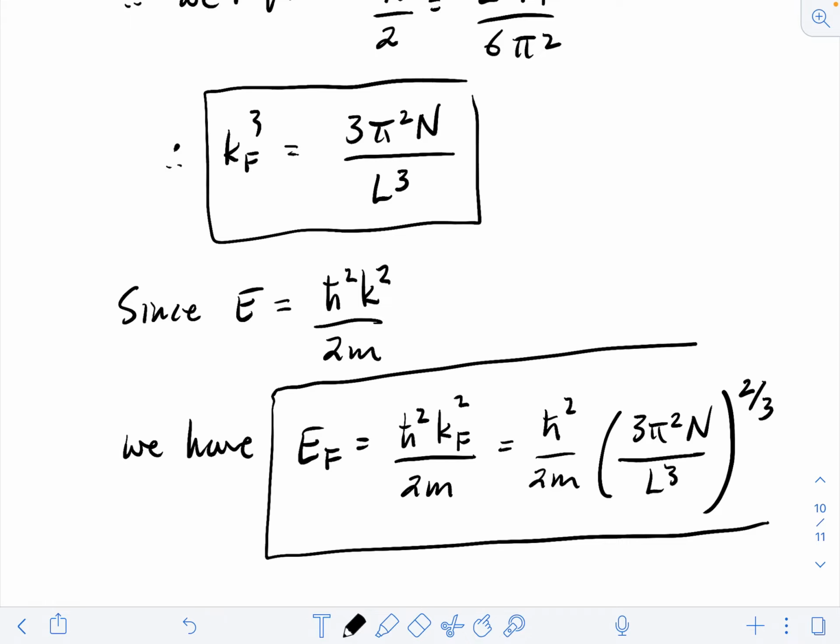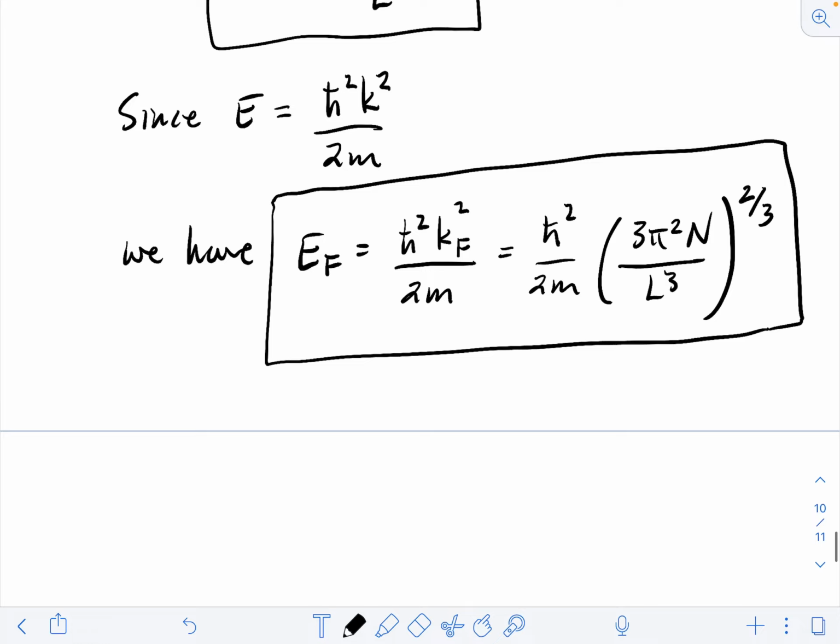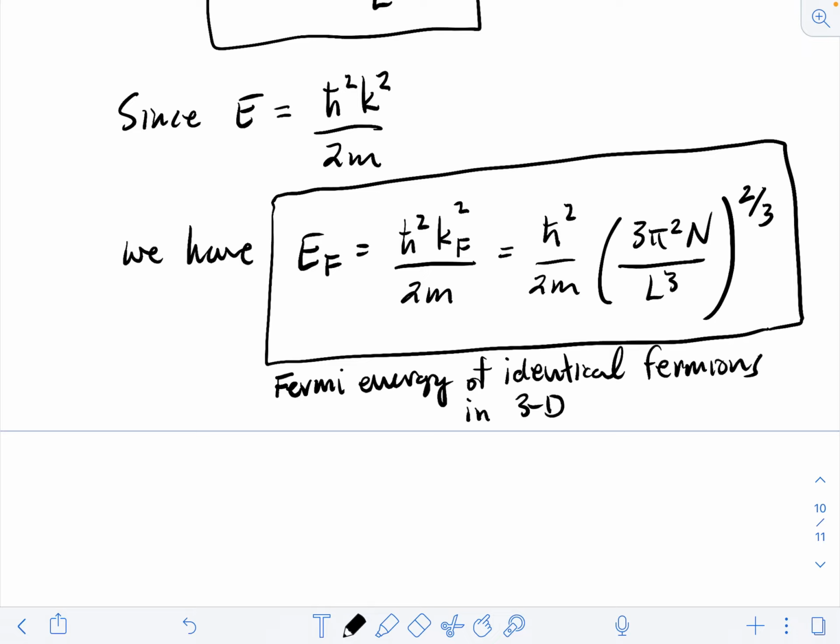And so this is the Fermi energy of n identical fermions in a 3D box. Okay, good.